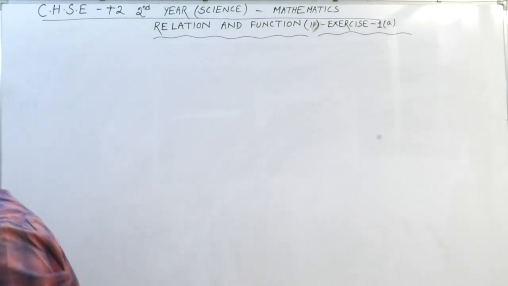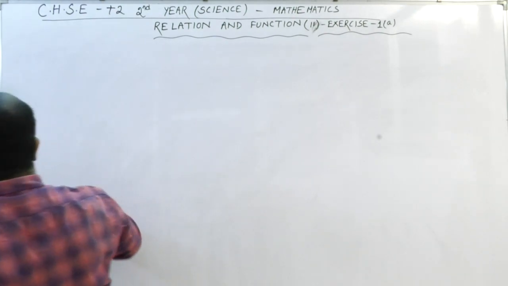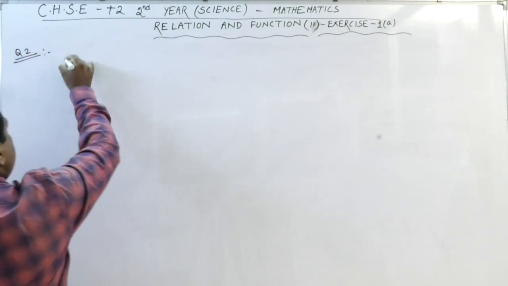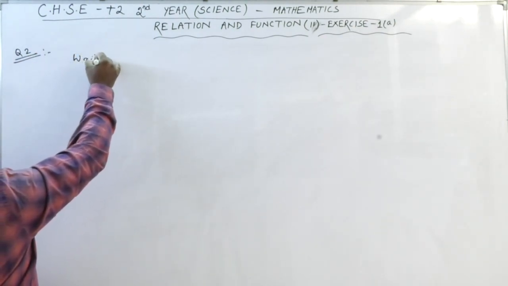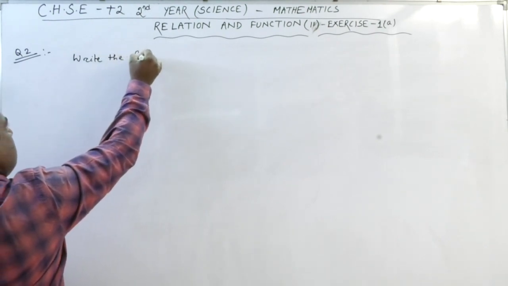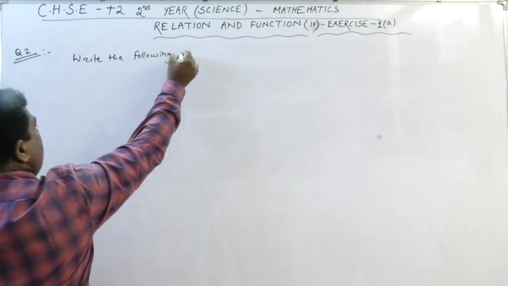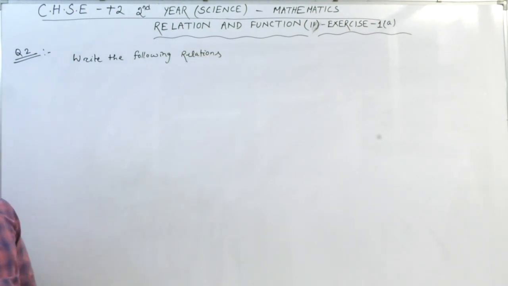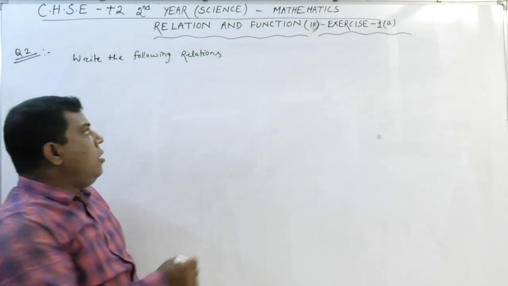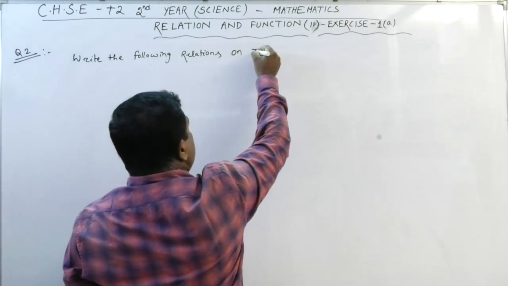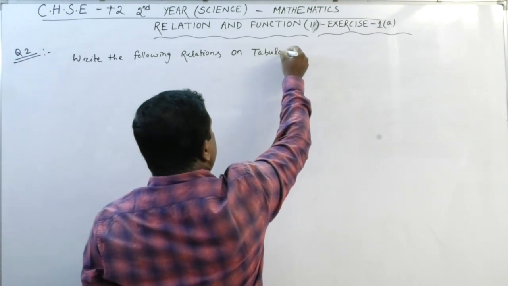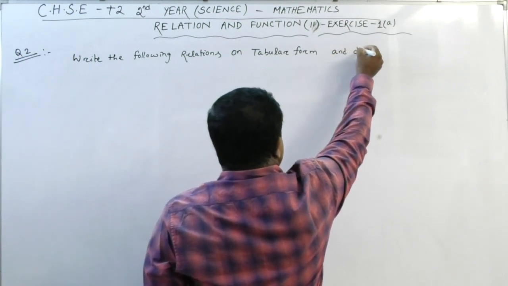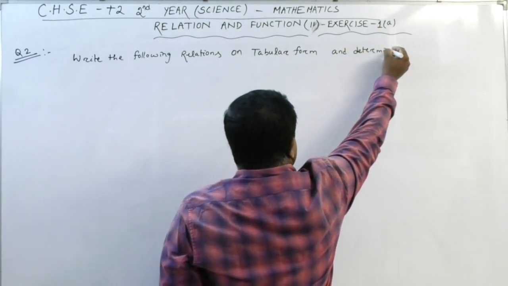This is question number 2, and it is given from your exercise. Write the following relations in tabular form, that means list method, and determine their type.